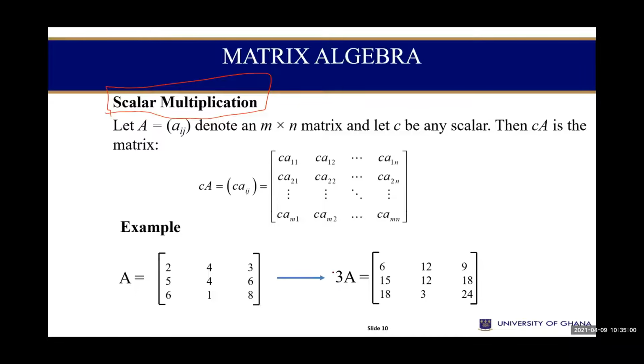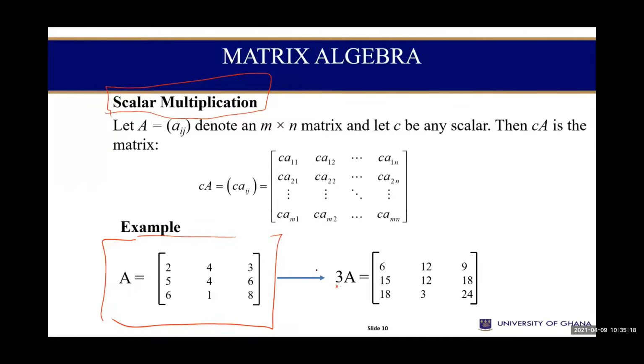For example, if we have matrix A here and we have scalar 3, and we are saying that we should multiply scalar 3 by matrix A, I'm multiplying scalar 3 by all the elements in the matrix.